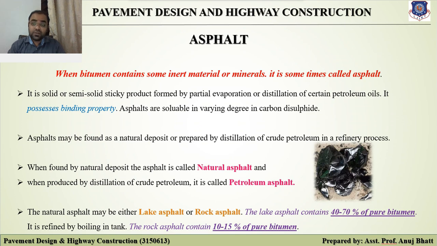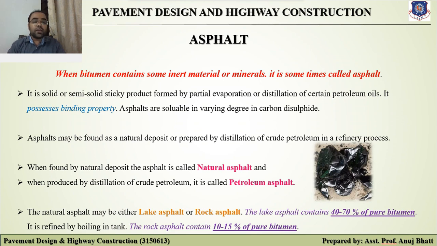It possesses binding properties. Asphalts are soluble in varying degrees in carbon disulfide. Asphalt may be found as a natural deposit or be prepared by distillation of crude petroleum in the refinery process.